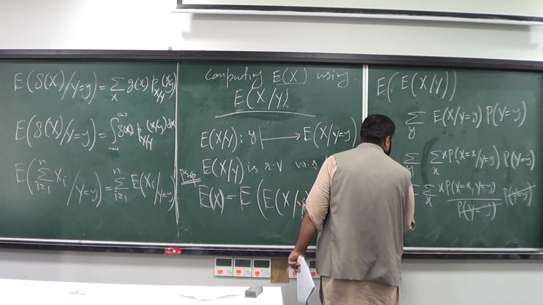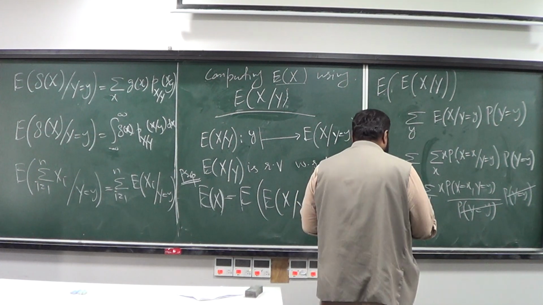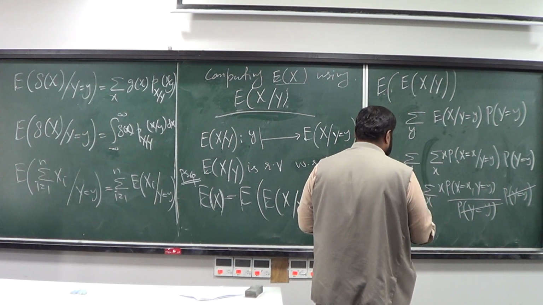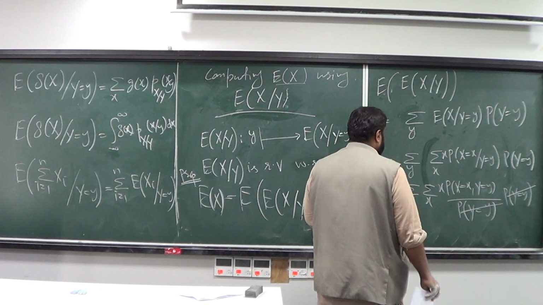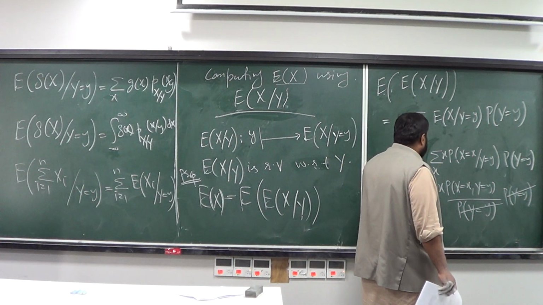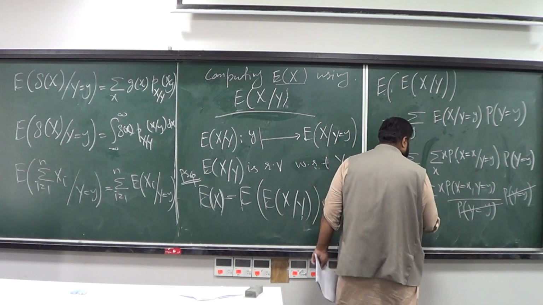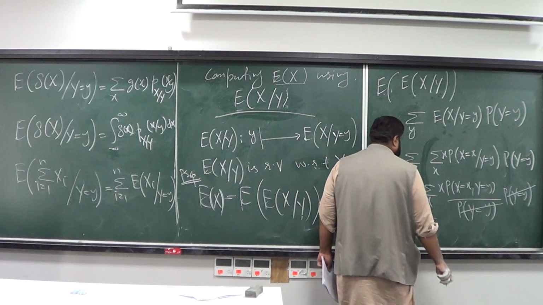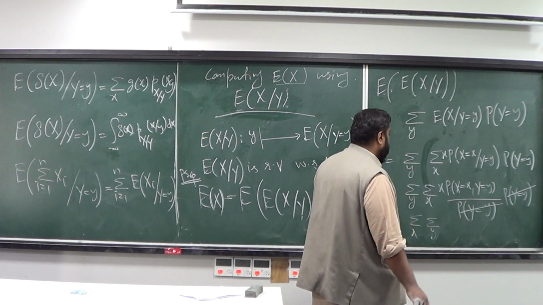Now, if I wish, I can switch the order of these sums, since they are independent sums. So I can write y here and x here. There's nothing wrong in it.